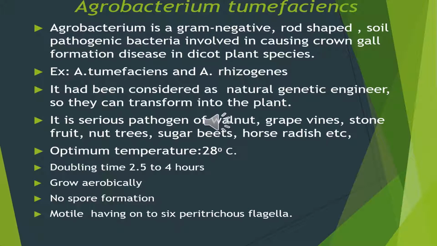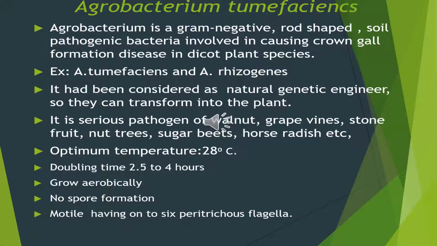So, let us start with the introductory portion of Agrobacterium tumefaciens. Agrobacterium tumefaciens is a rod-shaped, gram-negative soil bacterium which infects dicot plants. Some common species of Agrobacterium are Agrobacterium tumefaciens and Agrobacterium rhizogenes.